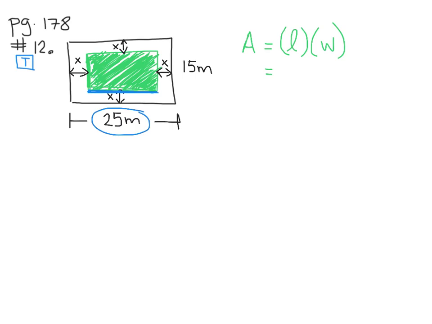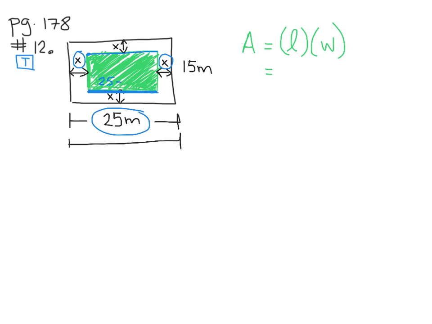But this blue from here to here, or even this one up here, is less than 25. How much less than 25? Well, you can see that if this long length here is 25, they've shaved off an X on each side here, which means that this length here is almost 25.